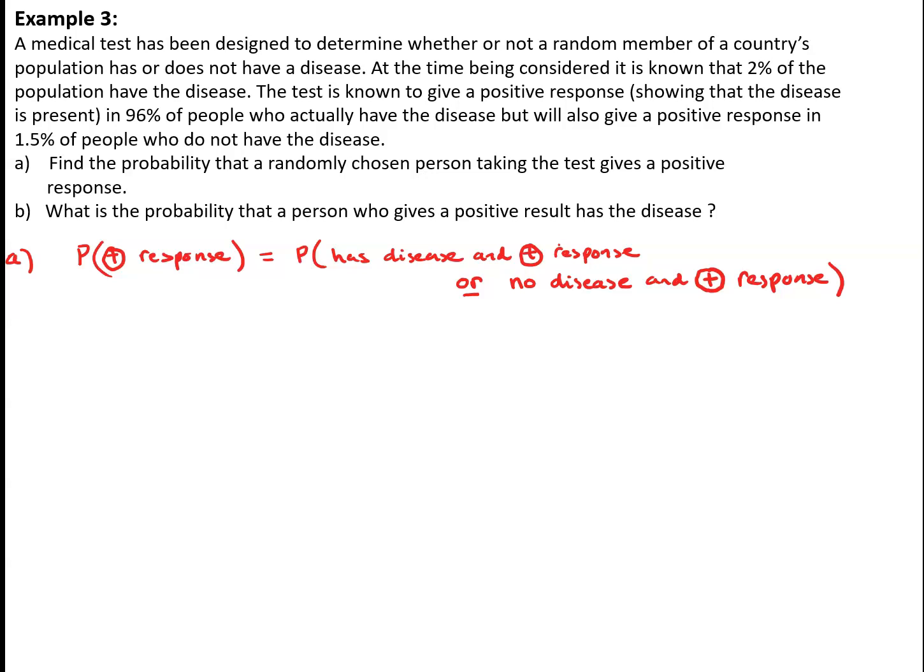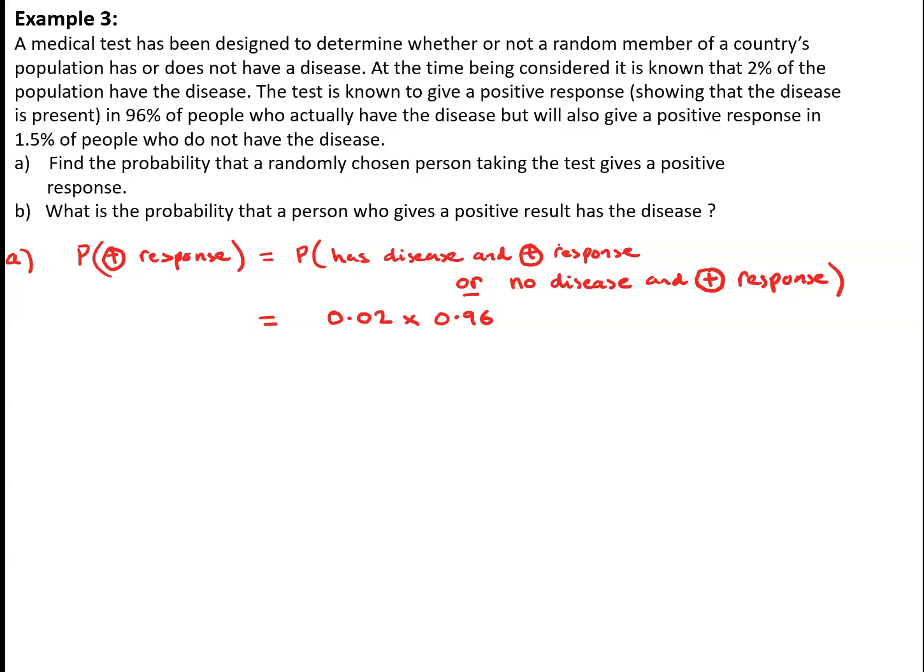Now we know the probability that a randomly chosen person has the disease is 0.02. We know the probability that that person gives a positive response is 0.96. So the probability the person has the disease and gives a positive response is 0.02 times 0.96. The probability the person does not have the disease is 0.98, because 98% of the people don't have the disease.